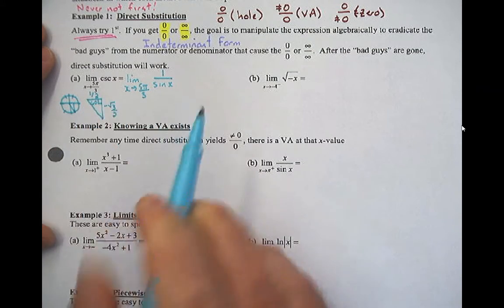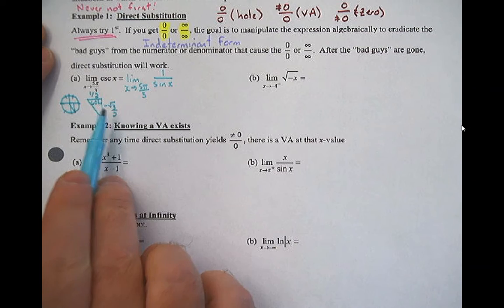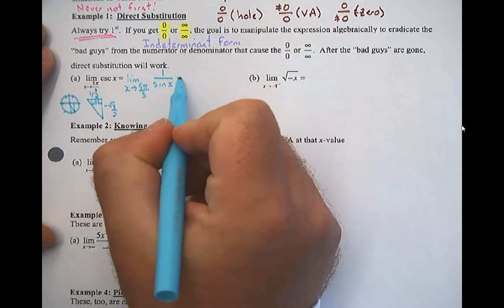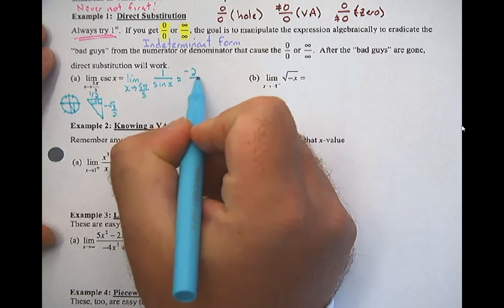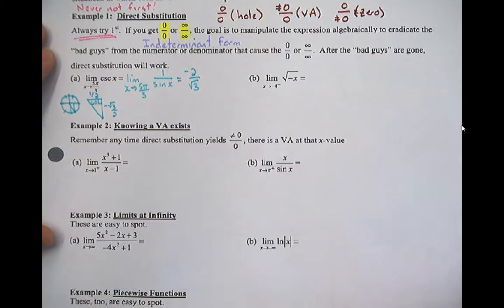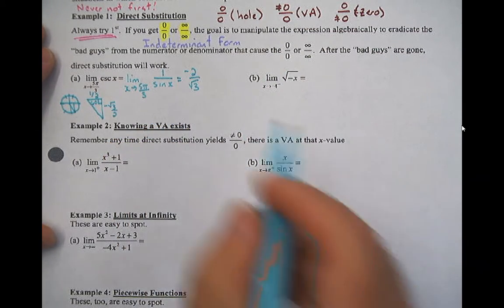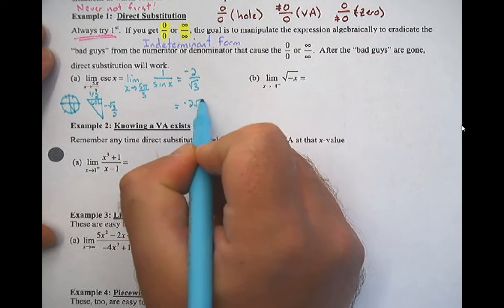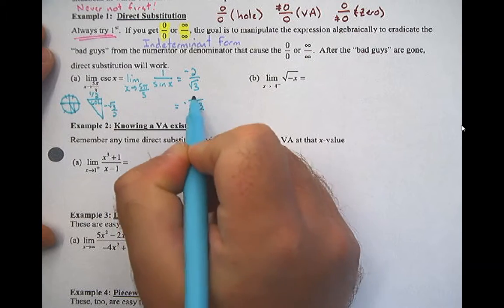This is 1/2. Sine is the same as y, so I would take negative square root 3 over 2 and take the reciprocal, which is negative 2 over root 3. If this is free response, you could stop here. If it's multiple choice, they would never make it that messy, so I would rationalize this: negative 2 root 3 over 3.